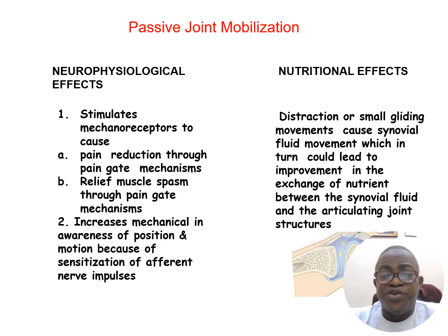But there is also a nutritional effect because many of the joints, particularly the synovial joints, derive most of their nutrients from the synovial fluid. And the more movement of the joint, the more will be the rate of diffusion of this nutrient from the synovial fluid into the neighboring structures in the joint.